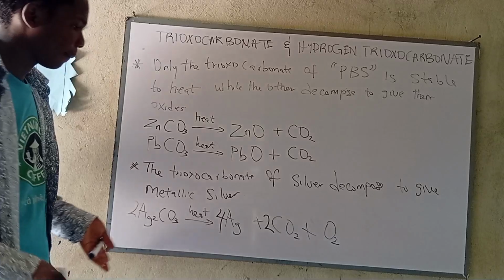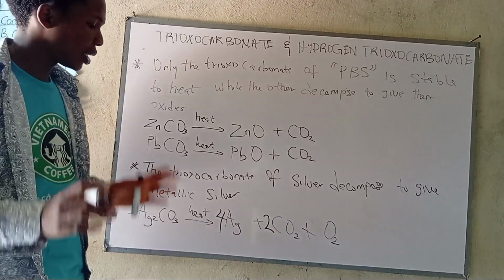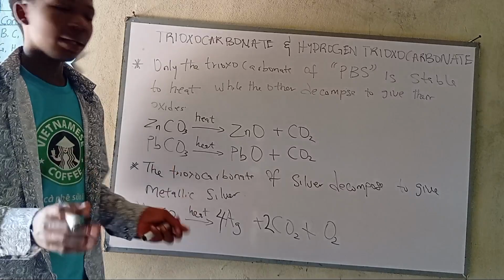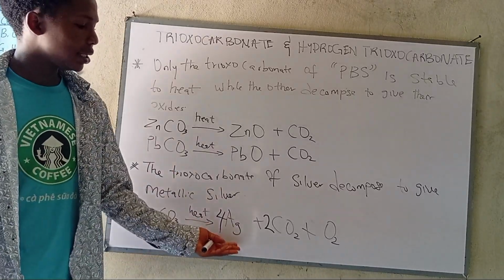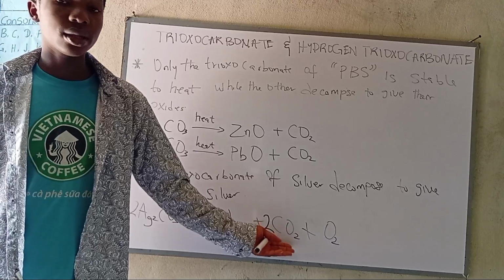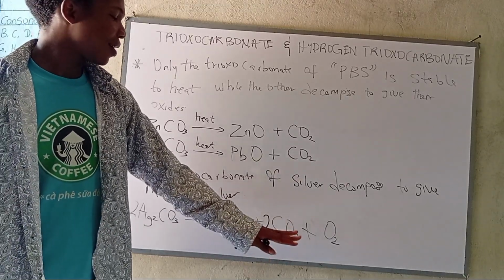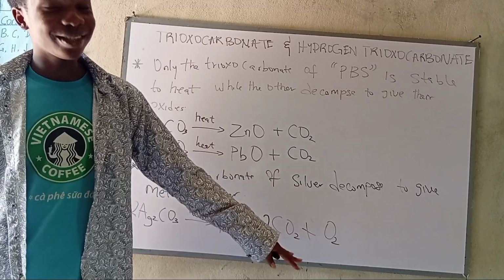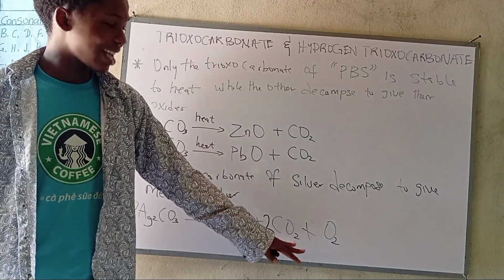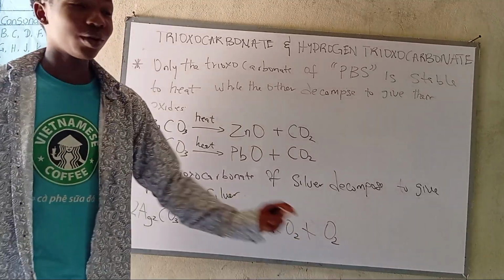Just note it: during the decomposition of silver trioxocarbonate, three things will be liberated: metallic silver, carbon dioxide, and oxygen molecule.